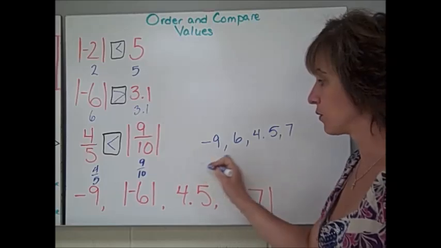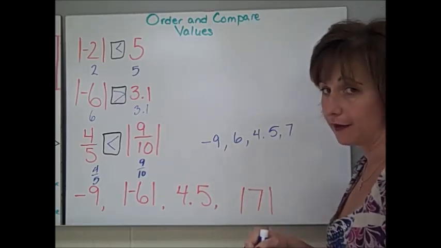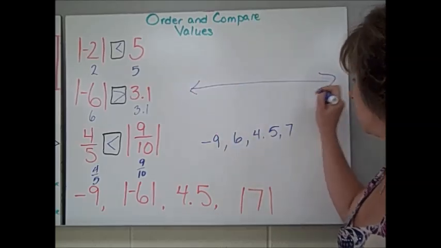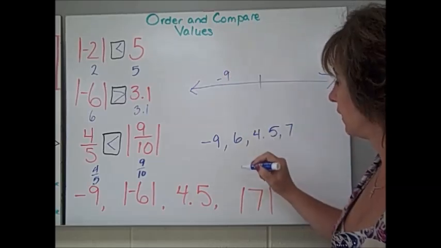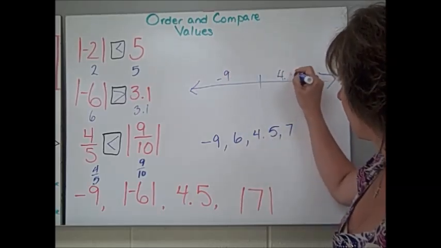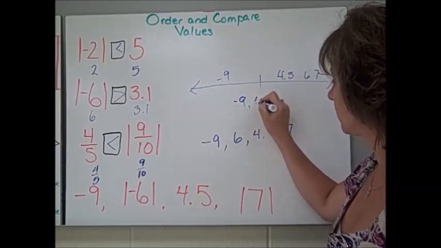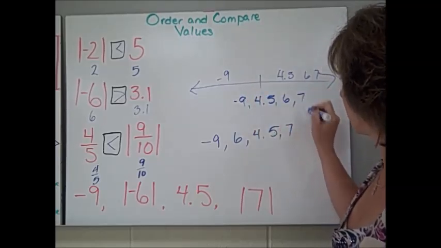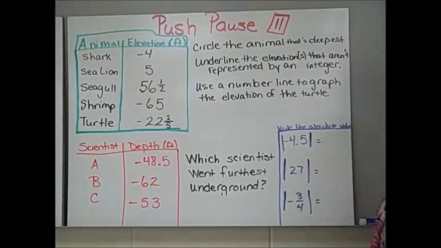And now they want us to order these from least to greatest, remembering left is least. So on my number line, if this was 0, -9 would be here, 4.5, 6, and 7. And so this would be them ordered from least to greatest.